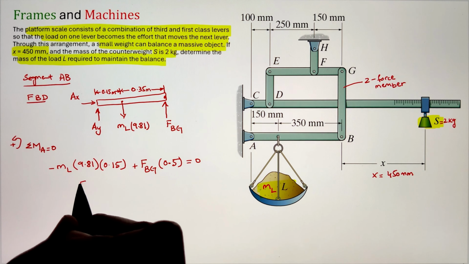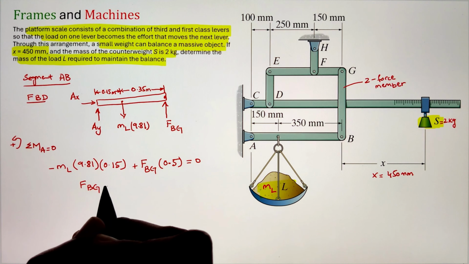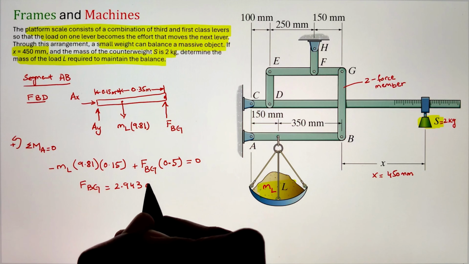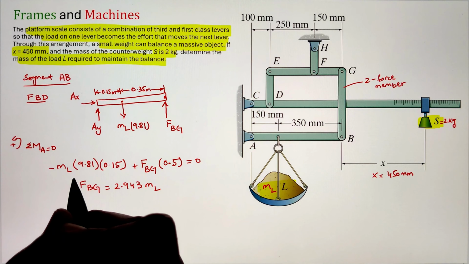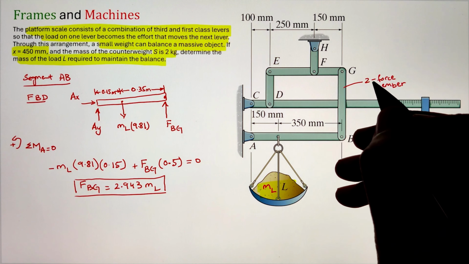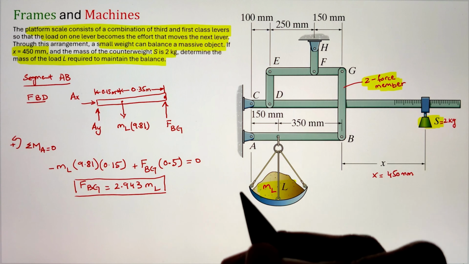So adding them up together, their sum should be equal to 0. Simplifying, we get our value of FBG as 2.943 ml.